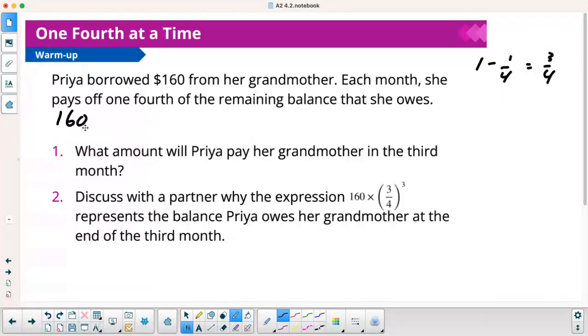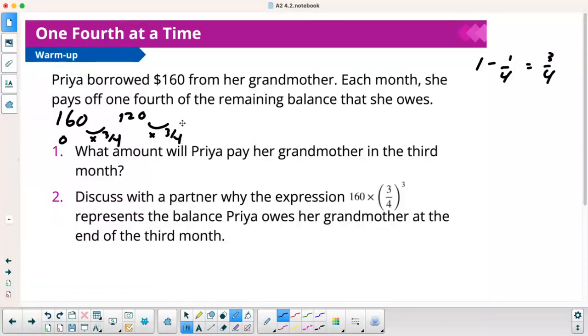So basically, 160 is at 0, but after 1 month, if I multiply it by 3/4, or 0.75, I get 120. So that's after 1 month.